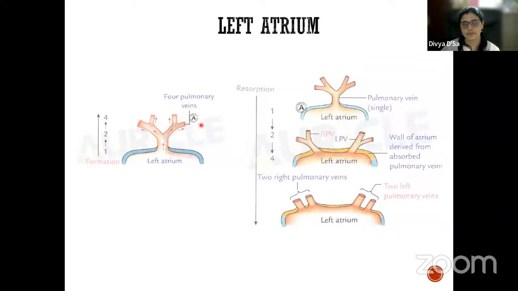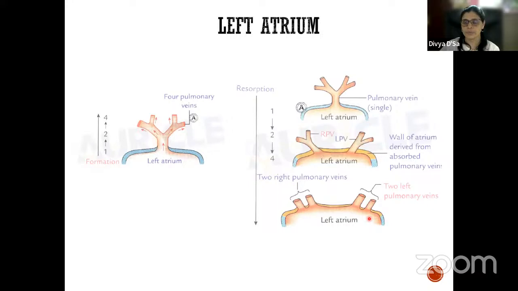So together they form four pulmonary veins. What happens with the growth? As the chambers get differentiated and grow, the trunk of the pulmonary vein gets absorbed, then the two branches get absorbed, and later on the divisions of it also come and fuse with the wall.